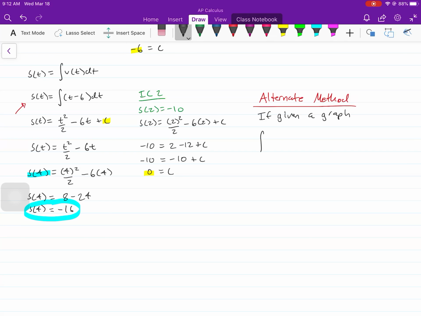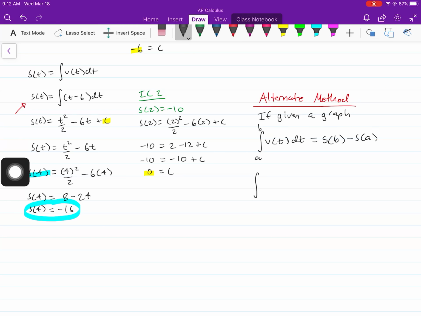So this method would be the integral of velocity from a to b, if you remember, is going to be s of b minus s of a. I know earlier I was using x of b minus x of a. Same thing. We interchanged those.